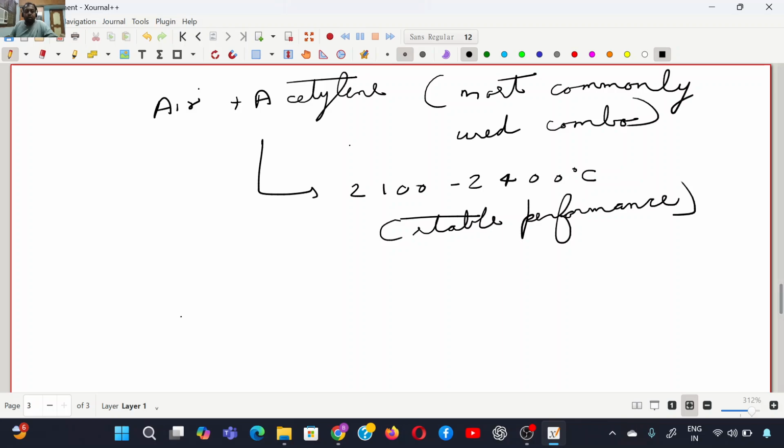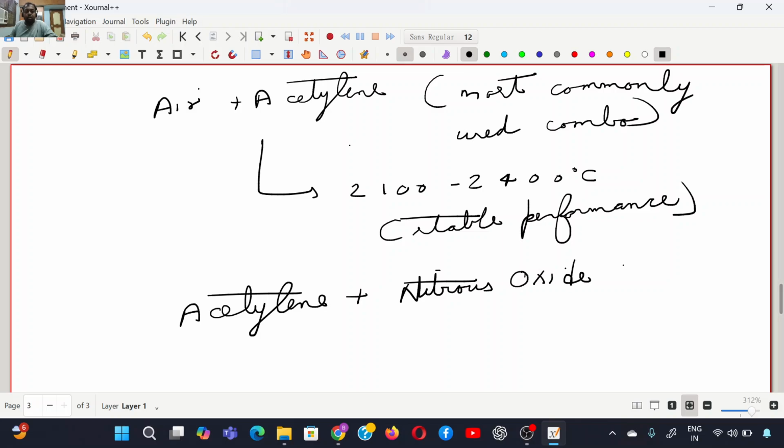Okay, you can have acetylene plus nitrous oxide. This gives you 2600 to 2800 degrees Celsius. So this is more suitable for refractory materials analysis.